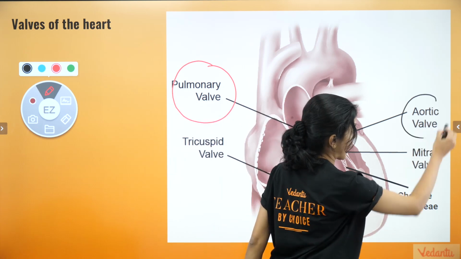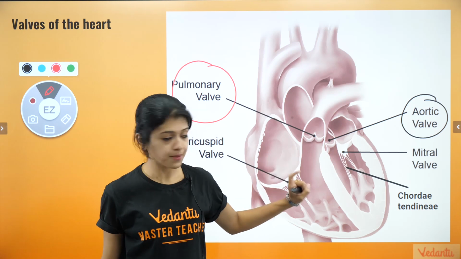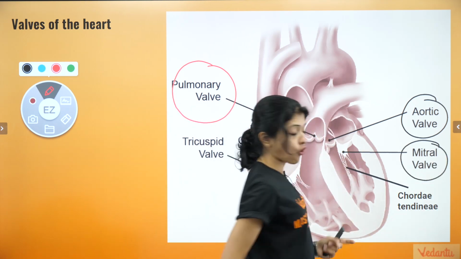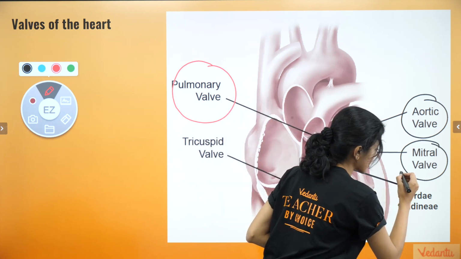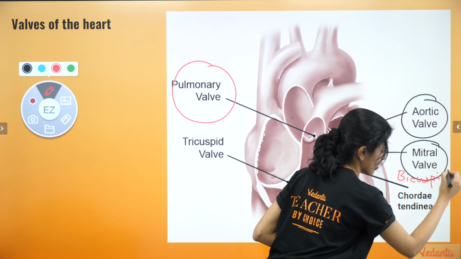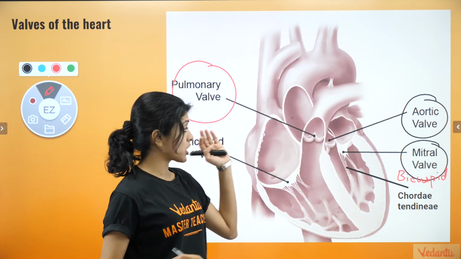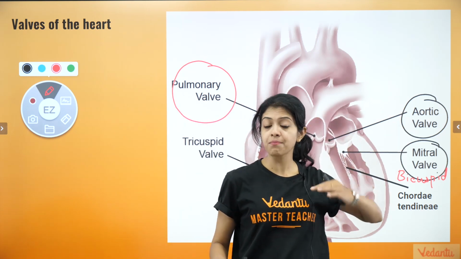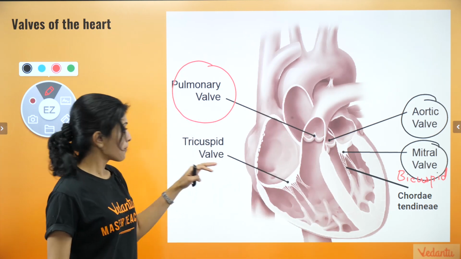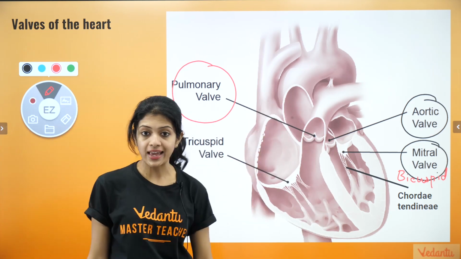The aortic valve, as the name tells you, where the aorta would begin. The mitral valve, which is also called the bicuspid valve. Okay, the mitral valve, which is present at the junction between the left atrium and the left ventricle, and the tricuspid valve present at the junction between the right atrium and the right ventricle.